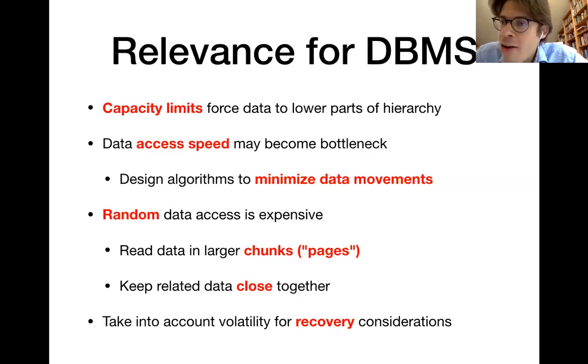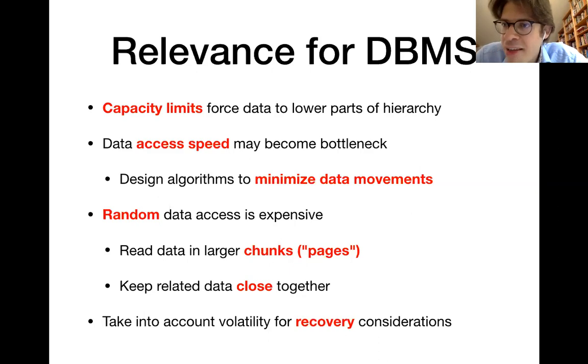That's why once you have repositioned your diskette, you don't want to read one single bit, but a reasonable chunk of data to make it worth your while to pay for all that overhead. That is why we will see in the following that we are generally accessing data in chunks, which we will also call pages. The reason is that doing that is often more efficient than accessing very small units of data.